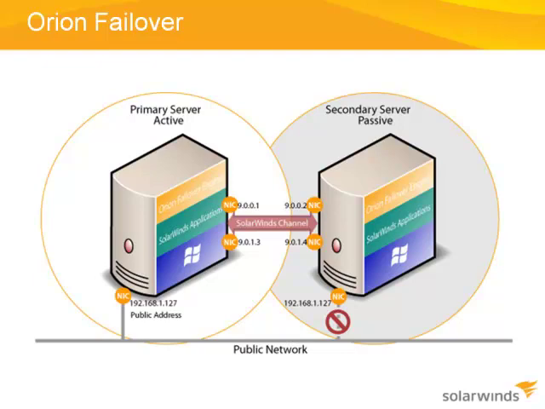In real time, as any file changes, we have a set of file filters where we're watching specific directories, and if those files change, we'll replicate those over to the secondary server. So that server will always be relatively up to date with the primary server, and when it does fail over, all the data is intact and there.